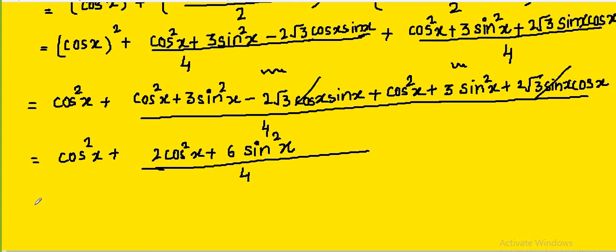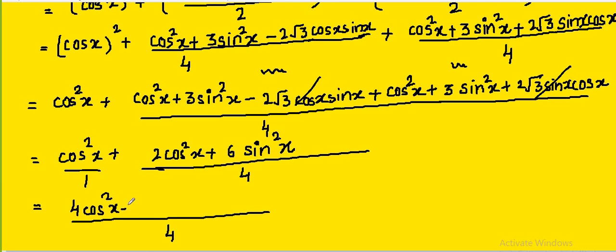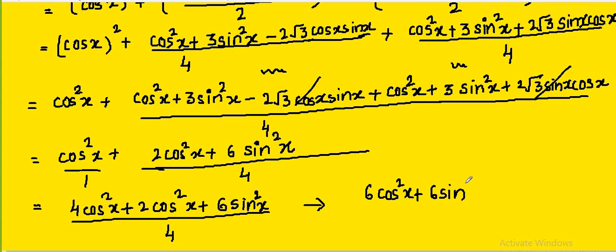After this we can take LCM, because here we have 1, so 4 is the LCM. We get 4 cos square x plus 2 cos square x plus 6 sin square x, which is further simplified to 6 cos square x plus 6 sin square x whole divided by 4.